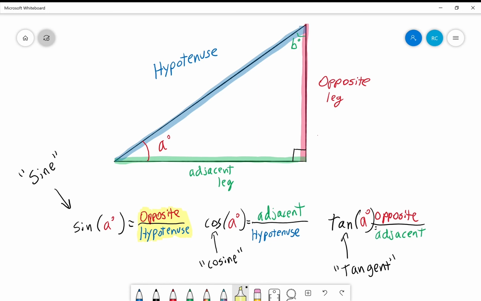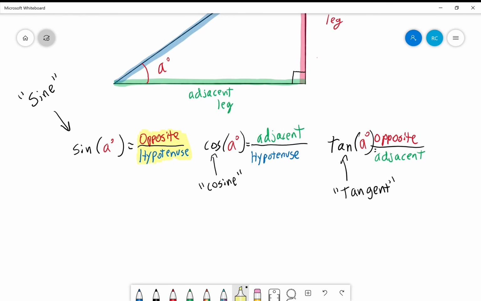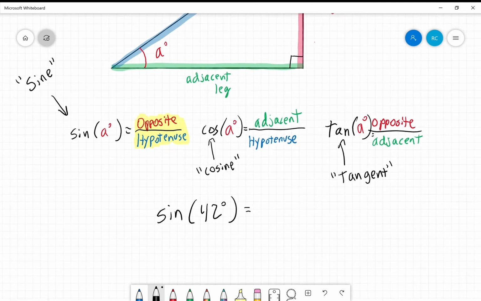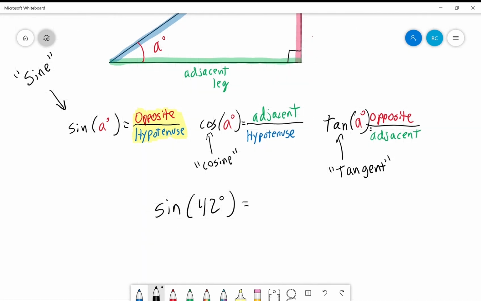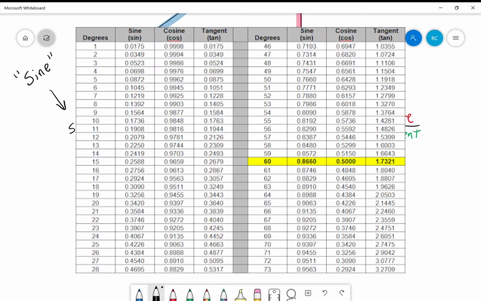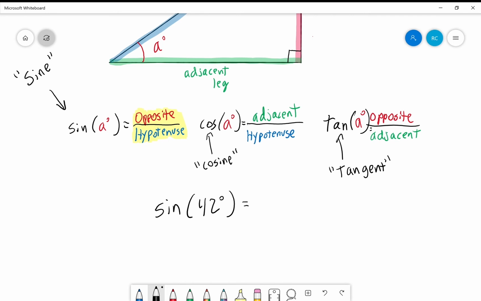Now, it used to be way, way back before calculators could do these. If you wanted to know what, for example, the sine of 42 degrees was, you would have to open up a book and page through pages and pages of tables where you would just look up 42 degrees, you would look up the sine column, and it would tell you to about 5 or 6 decimal points what that ratio is.